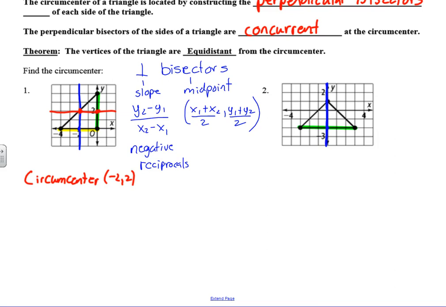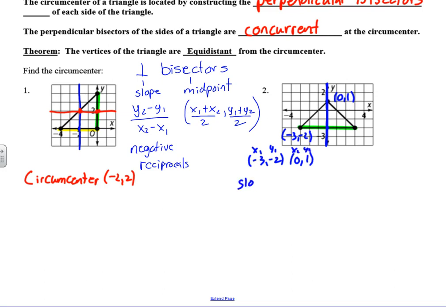Now here's where it gets a little bit more involved. What's the slope of this line over here? Well, this point is -3, -2, and this point is 0, 1. So let's find the slope. We've got -3, -2, and we've got 0, 1. So x1, y1, x2, y2.